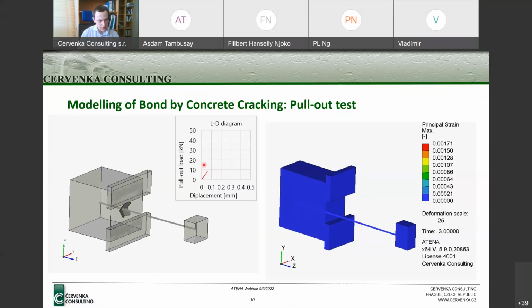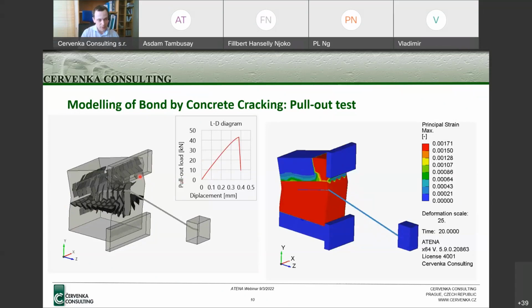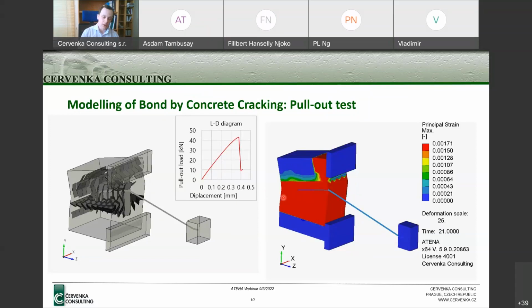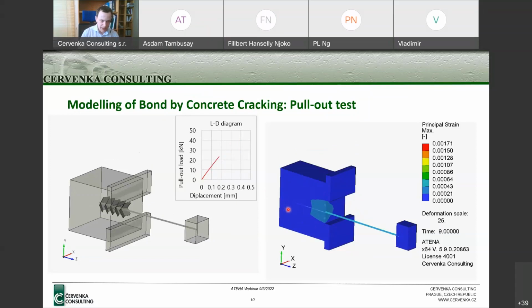At the peak load this crack is continuous, and the element can no longer transfer higher load. On the right image, you can see how a typical cone is activated around the reinforcement, and at the same moment we can see the splitting of the concrete.